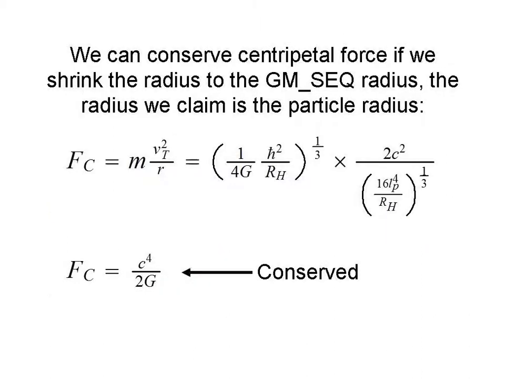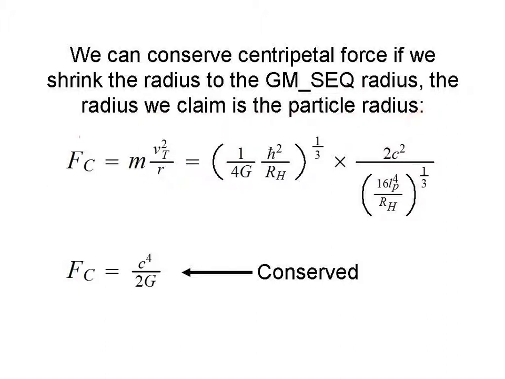However, we can conserve centripetal force if we shrink the radius from the SEQ radius to the geometric mean of the SEQ radius, which is the radius we claim is the particle radius.